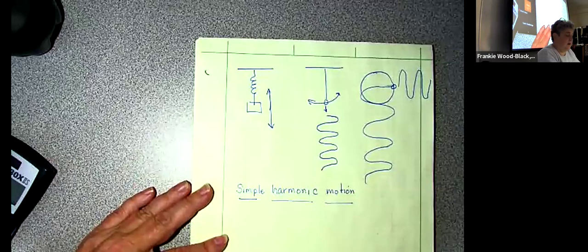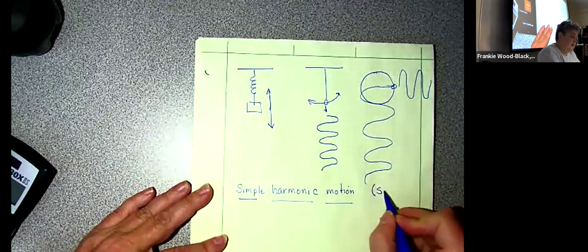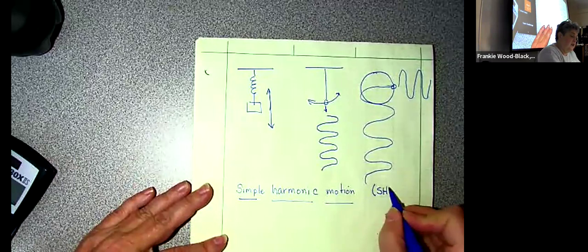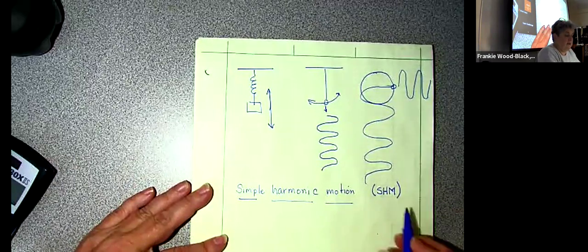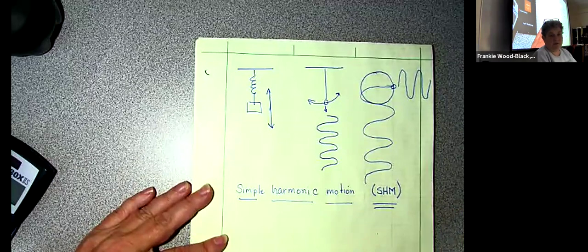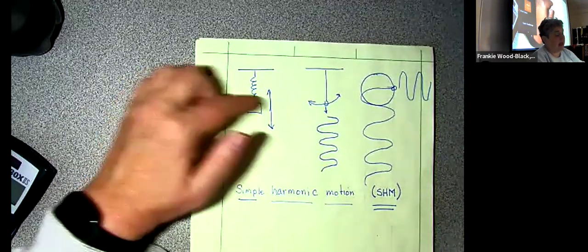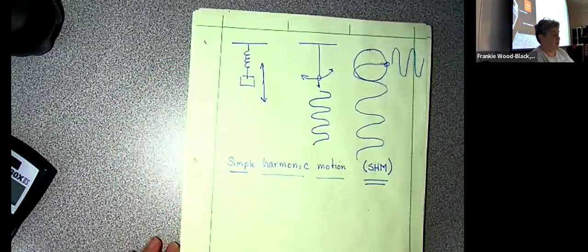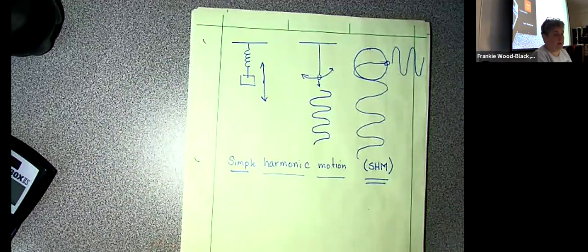They're all in simple harmonic motion. And we use the SHM to represent simple harmonic motion. So this behavior, and there are tons of examples.